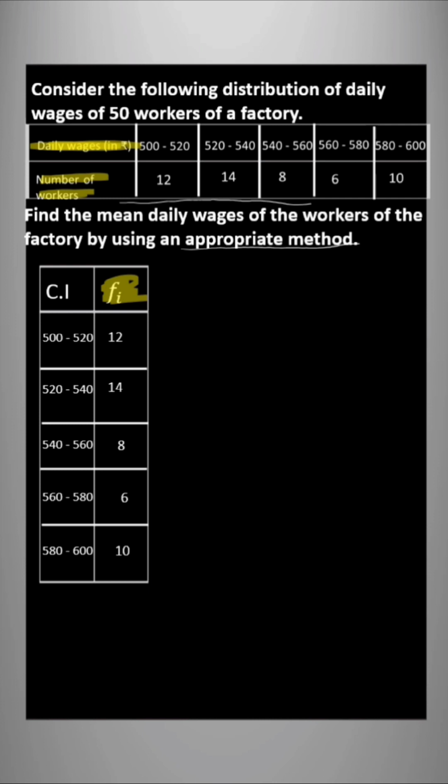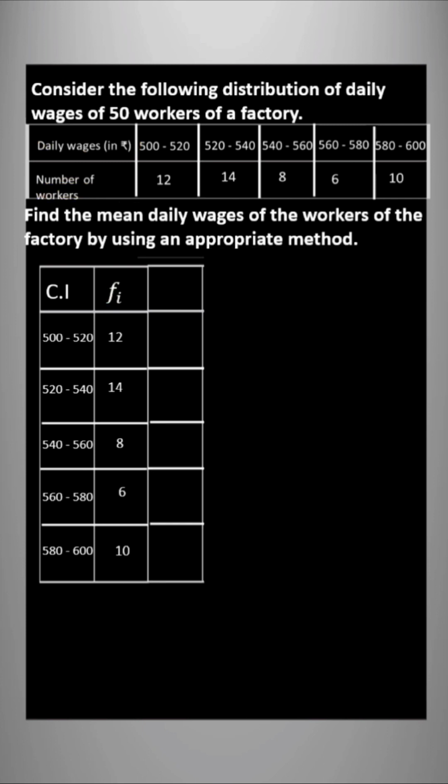Before that, let us find the class marks, that is xi. So now let us add one more column for xi. We can find xi by adding the lower class limit and upper class limit, which is equal to 1020, and dividing by 2. So here the class mark is 510.